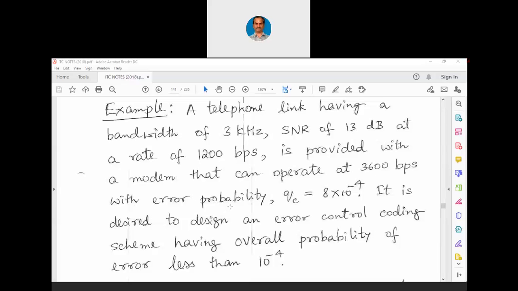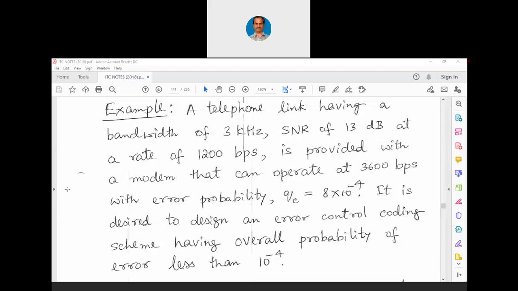Then the error probability is given as 8 into 10 power minus 4. Generally, we have something called BER in the communication theory. Bit error rate means if at all we transmit 1000 bits, out of 1000 bits, how many bits had an error? That way, a statistical average is calculated.